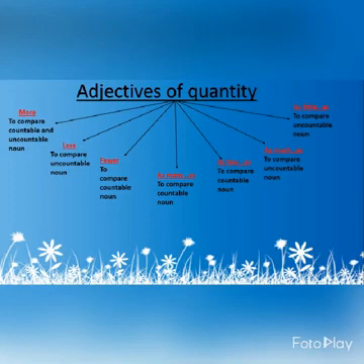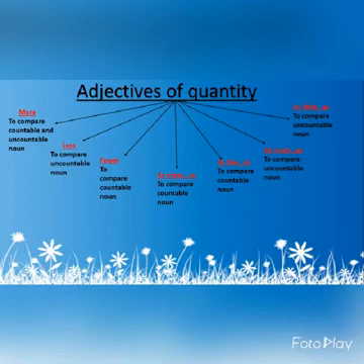More, when we are comparing countable as well as uncountable nouns, we use the word more. Less is used when we want to show the difference between two uncountable nouns. Fewer is used to compare countable nouns.